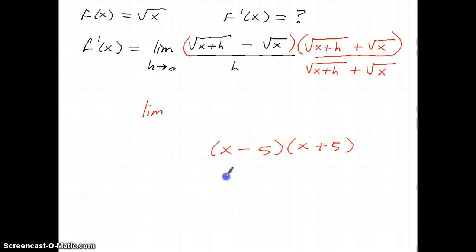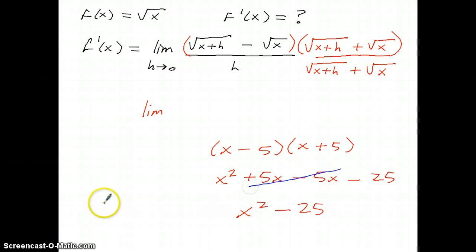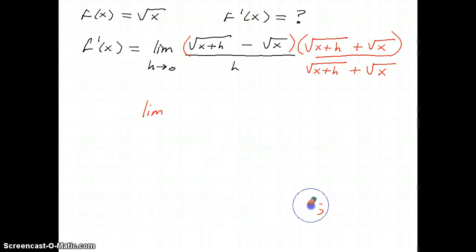If we multiplied that whole thing out, we'd end up with x squared plus 5x minus 5x minus 25. And so we just end up with x squared minus 25. So what I'm saying here is when we have a difference of squares, we could just not even really think about that middle part and multiply the front and multiply the back, right? So that's what I want to do right here. I just want to multiply the front and the back, okay?